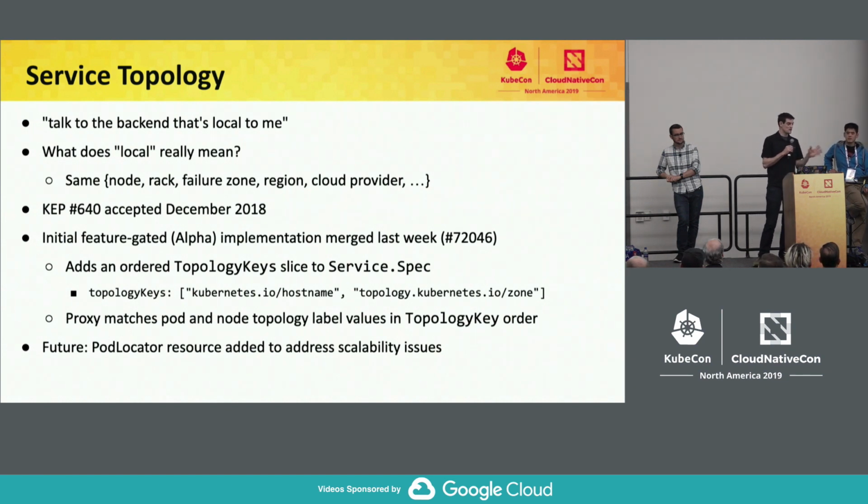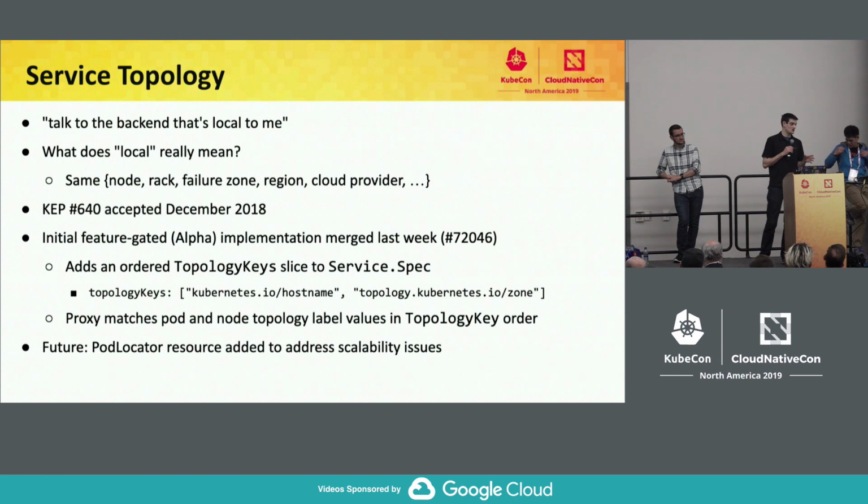It matches them in preference order. So if you want to try the host name first, and if the host name doesn't have any matches, then it will also try to match things like availability zone and go on down the list. So it really is under the control of the person writing the service and, to some degree, of the cluster when it decides what keys to put on each particular node.